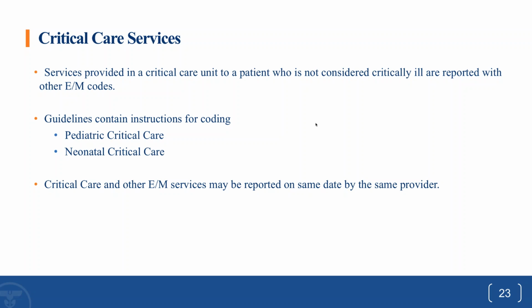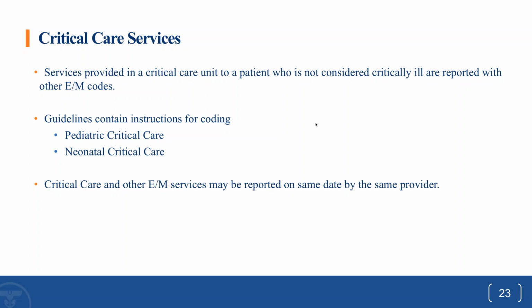Let me see where their codes are really quick. While I'm looking for that, I want you to know, I'm talking about children right now, if the critical care is rendered in ICU, intensive care, then you're going to use the pediatric and the neonatal critical care codes based on the child's age.